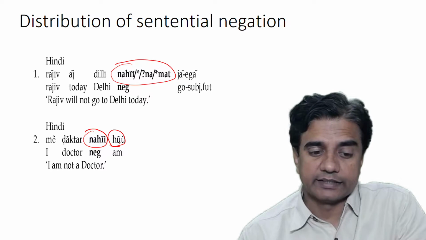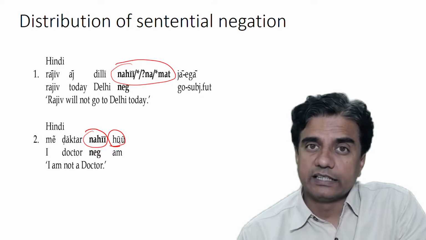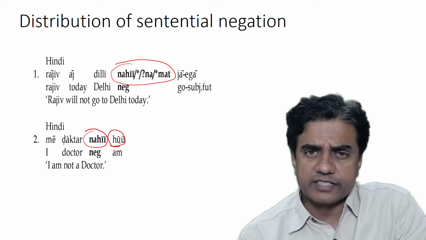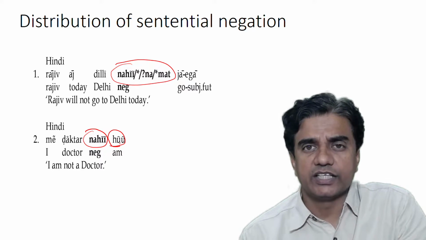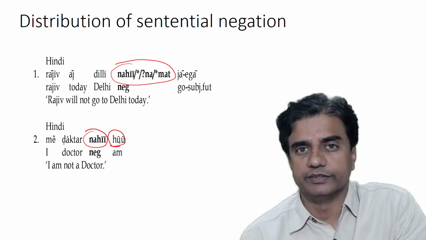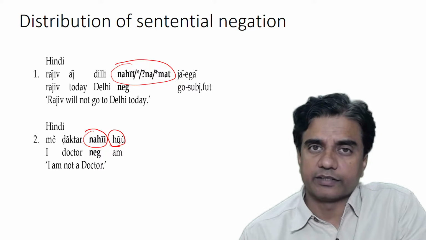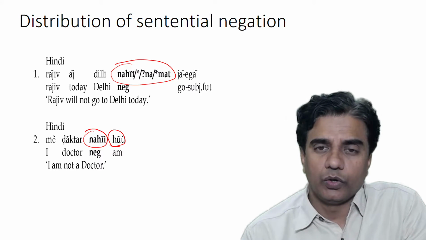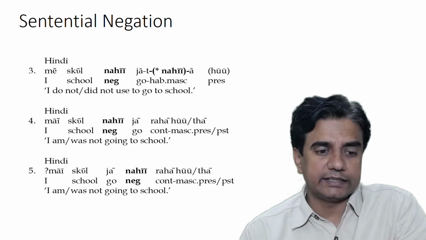Some are grammatical, the occurrence of another is marginally grammatical. However, the occurrence of mat as the third one is not grammatical at all. We will see how and where the other markers are grammatical.